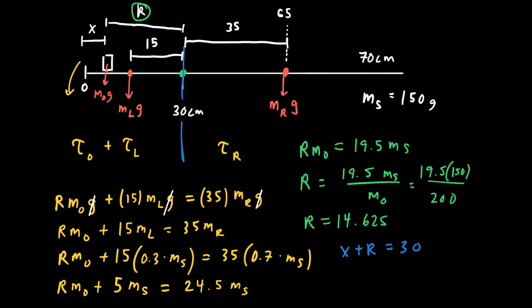And so if R equals 14.625, 30 minus 14.625 is 15.375, or maybe about 15.4 centimeters. So I can move that object further and further to the left until I get to about 15.4 centimeters.